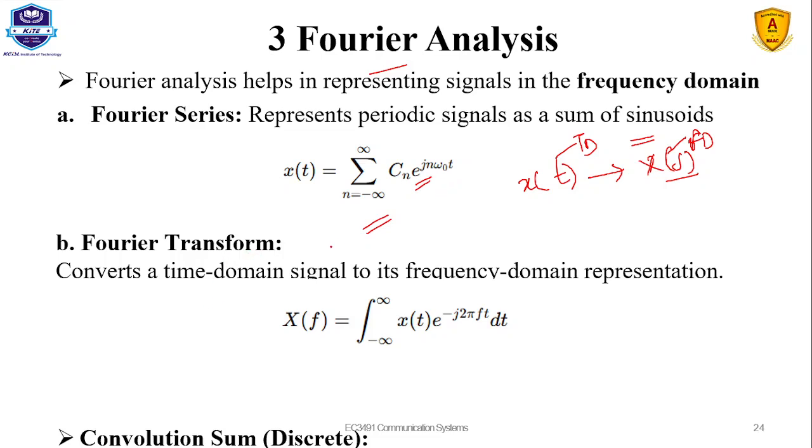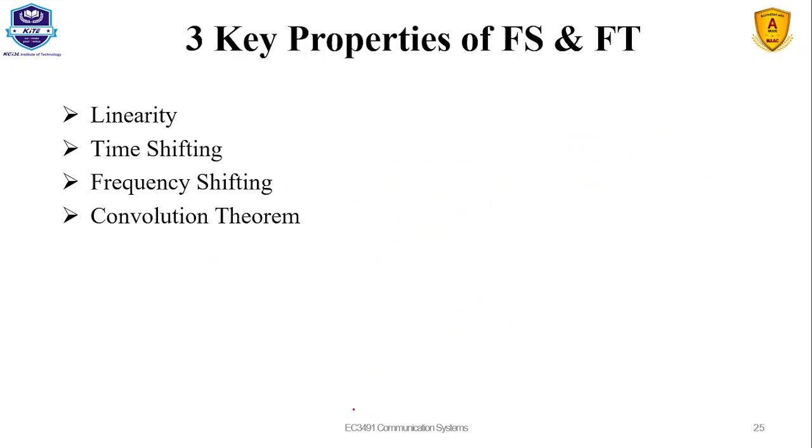Next, Fourier transformation, as I said, do remember the conversion factor for converting time domain to frequency domain representation, and the basic equations are given. And convolution sum, as I have explained earlier. So the important properties when considering Fourier series and Fourier transform are linearity, time shifting, frequency shifting, and convolution theorem.